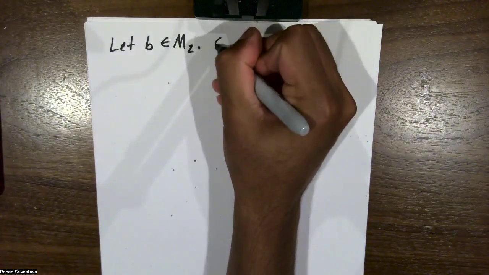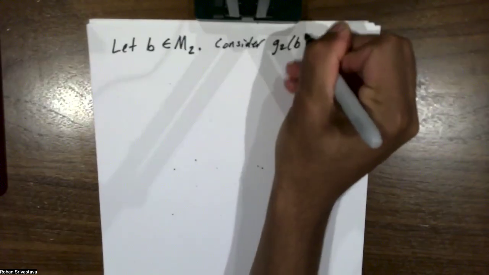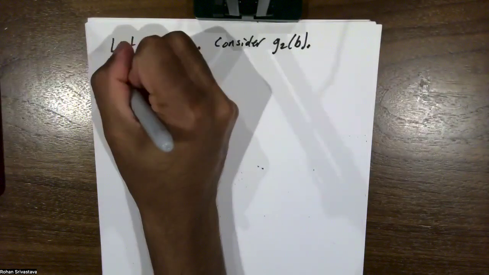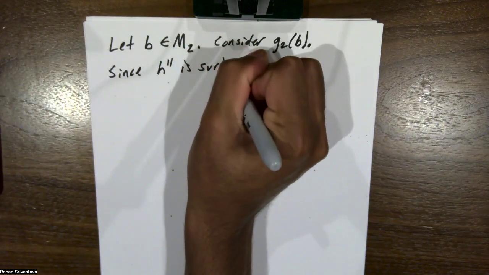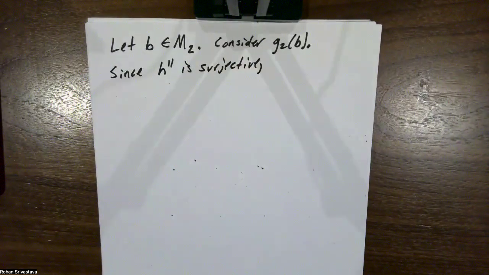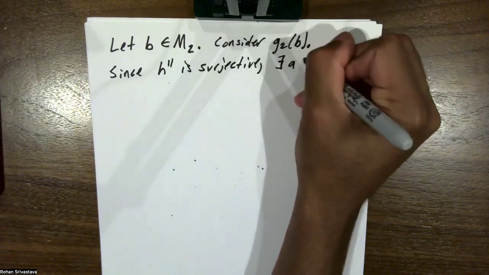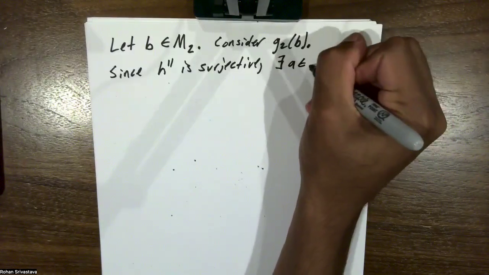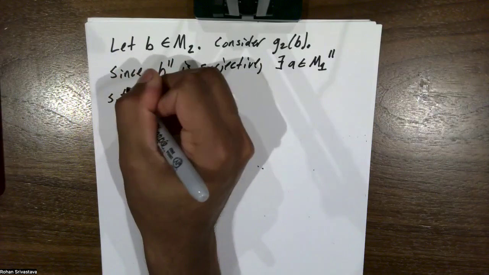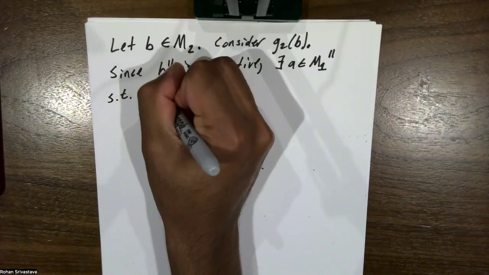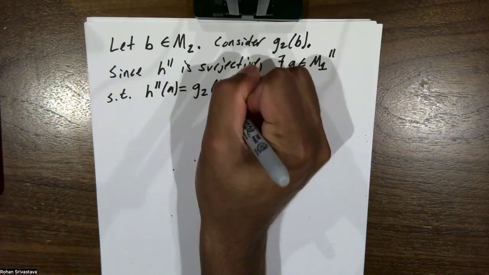So let's consider G2 of B. Well, now since H double prime is surjective, there exists some A in M1 double prime such that H double prime of A is equal to G2 of B.